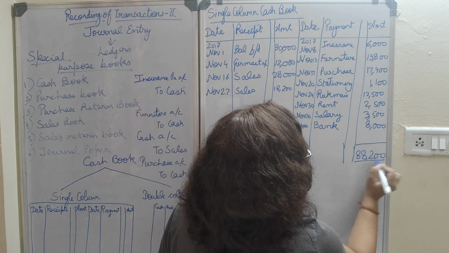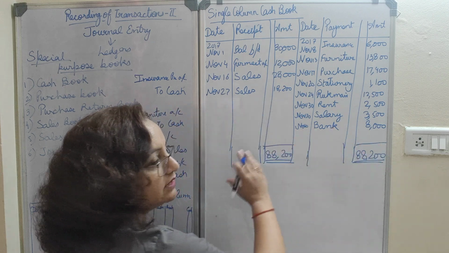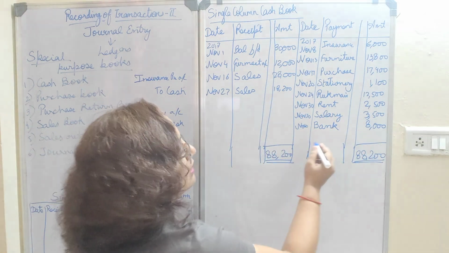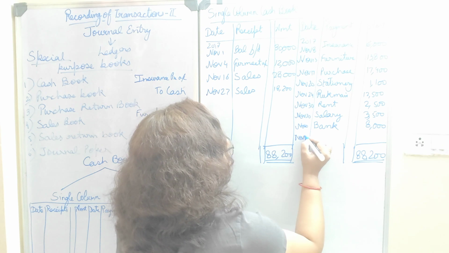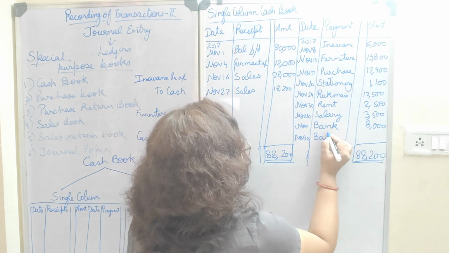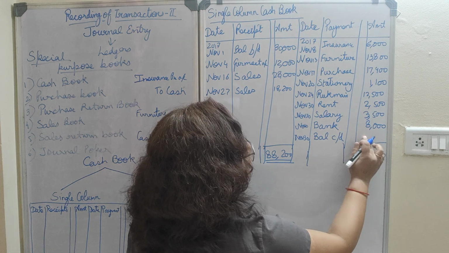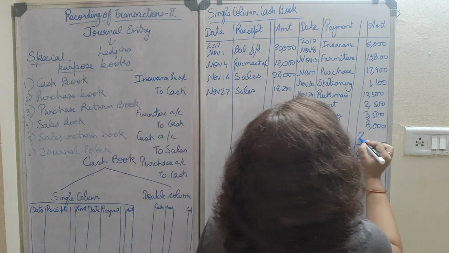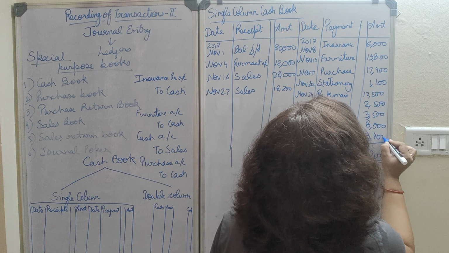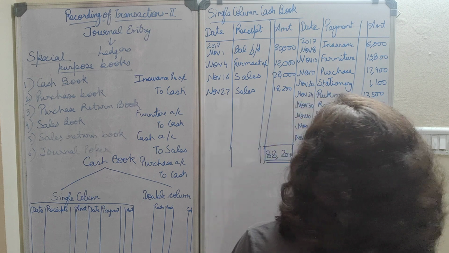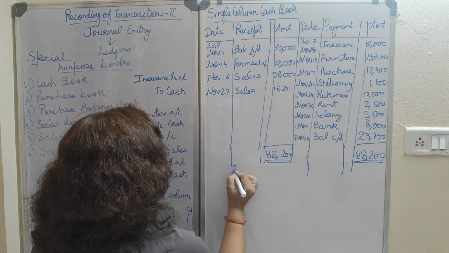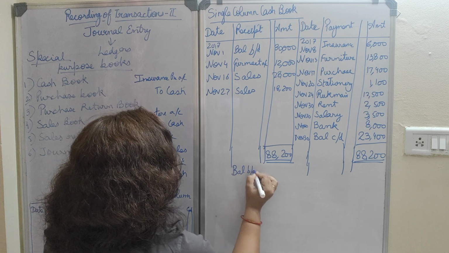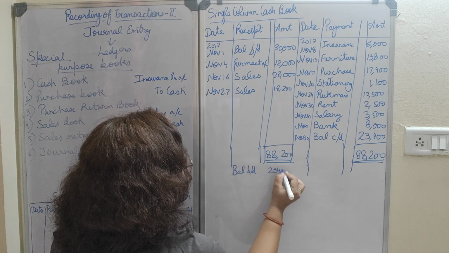Now whatever is the difference between these two sides will be written over here as November 30 balance carried down. That will be the balance of this side, and that balance will be 23,400. Okay, and in the next year this balance will be brought down as 23400.